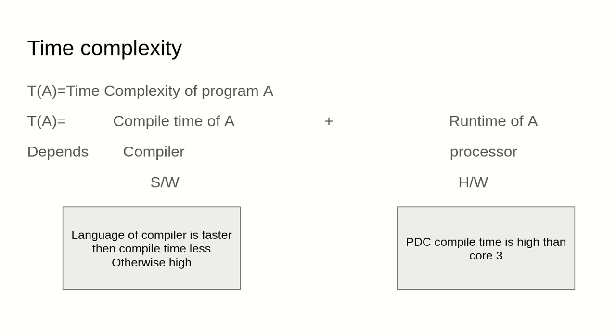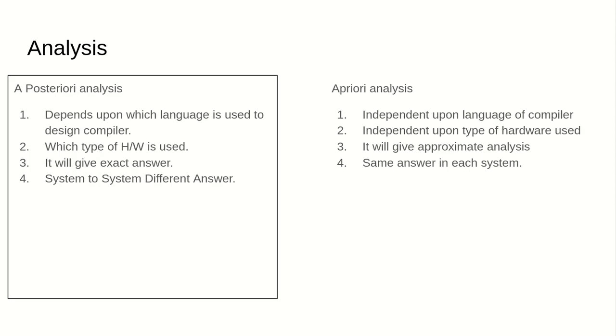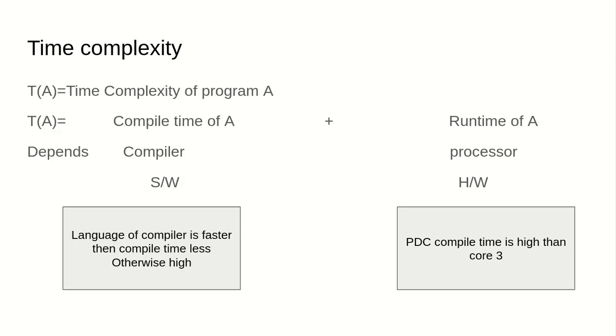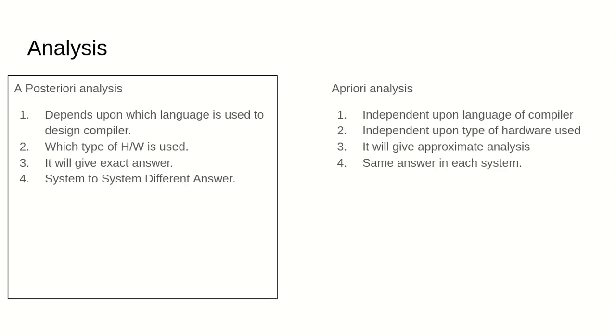Now analysis is also of two types: post-priori analysis and a priori analysis. Post-priori analysis depends upon which language is used to design the compiler and which type of hardware is used.